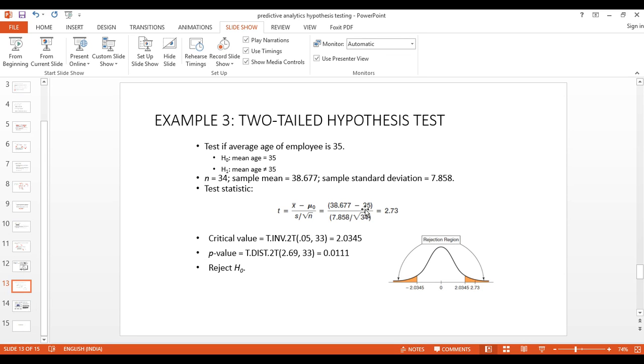This is something that we are hypothesizing, or making a statement about, that in the population the average age of employees is 35. So you can say 38.6 sample mean minus population mean, divided by the standard deviation of the sample divided by the square root of the sample size. So the t statistic comes to 2.73.